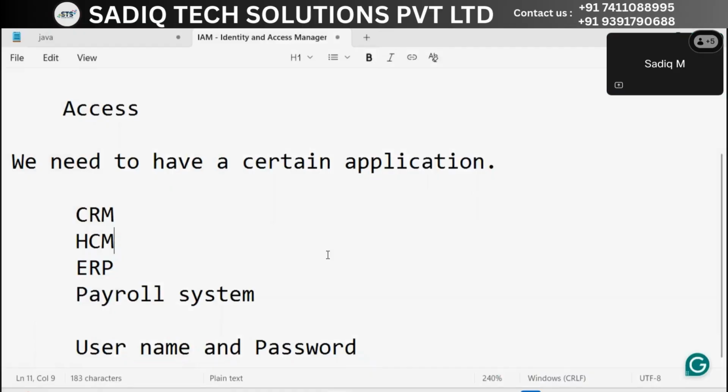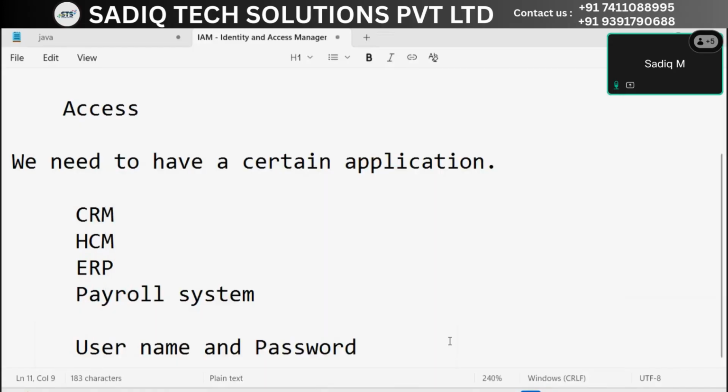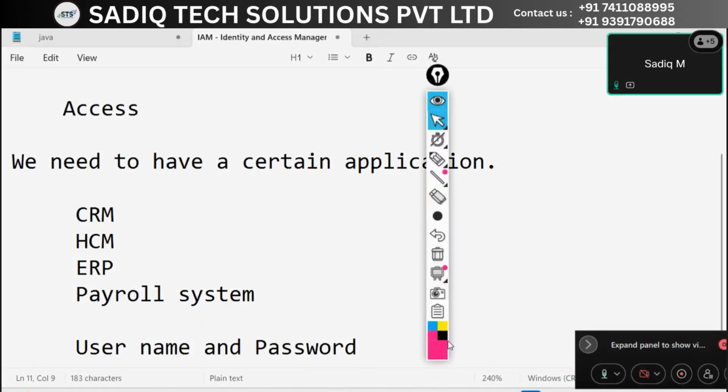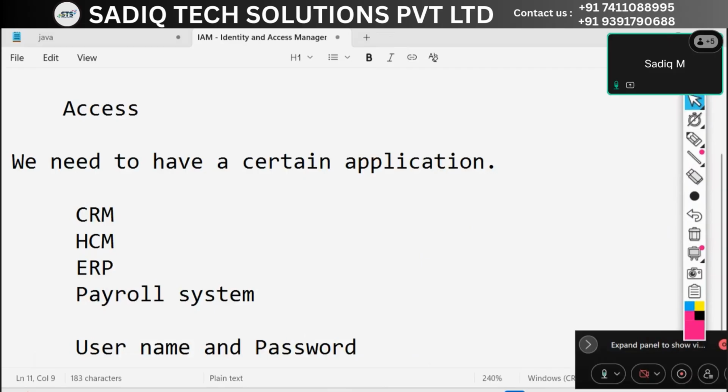Before the early 2000s, each and every application maintained its own username and password, and the users used to remember or note down all the passwords to log in. So it became a very tedious task.